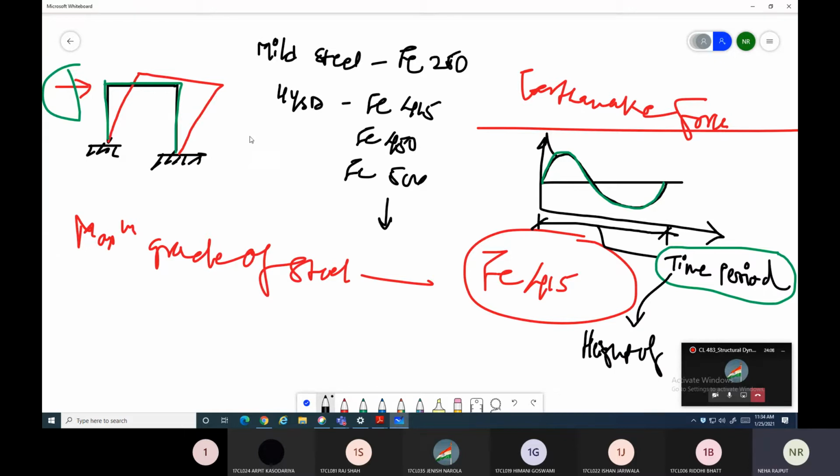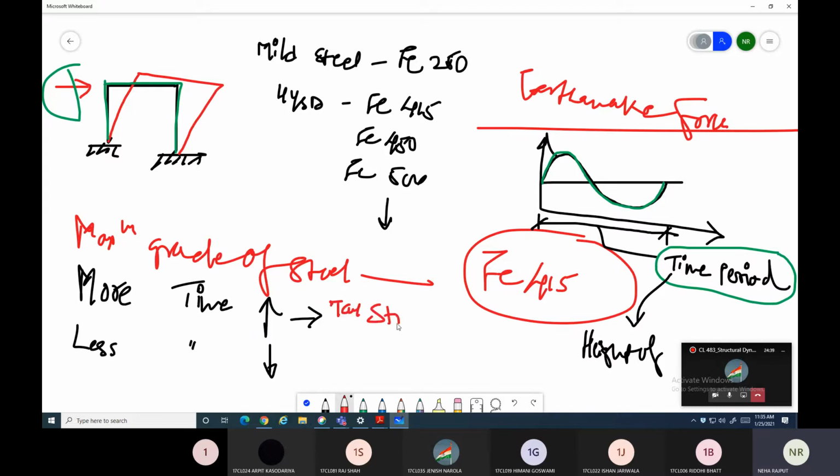So as the height of the building is more, the time taken by the structure is more. And as the height of the structure is less, the time taken by the structure will be less, right? So when the time period is more, that structure is known as a tall structure, and here this is known as a short structure.